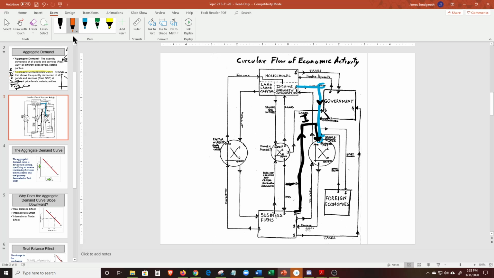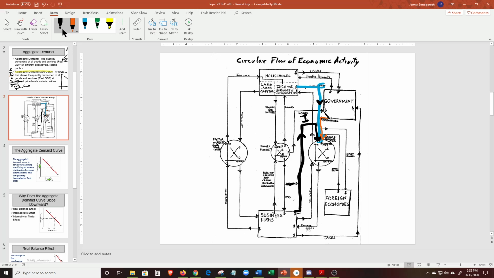Let's use red for the government, and government has expenditures coming out like this. And so all of them are joining together for the aggregate demand here. Oh, we forgot the foreign economies. There is money coming in from the foreign economies.